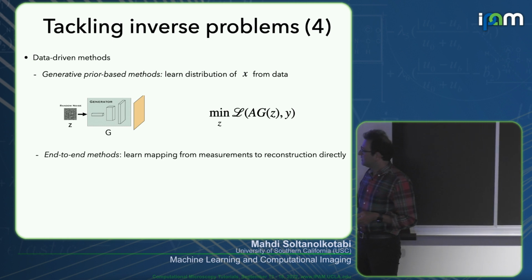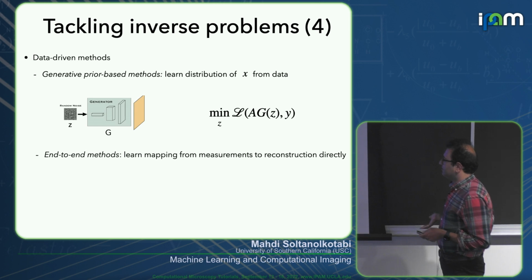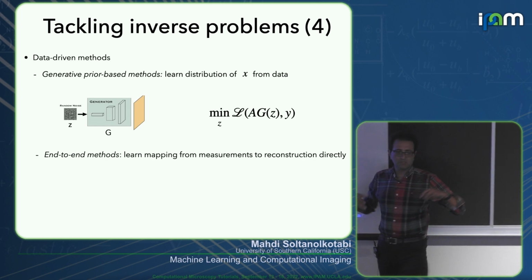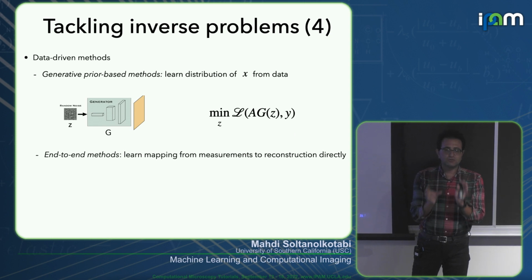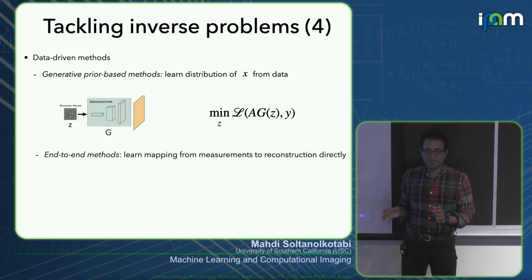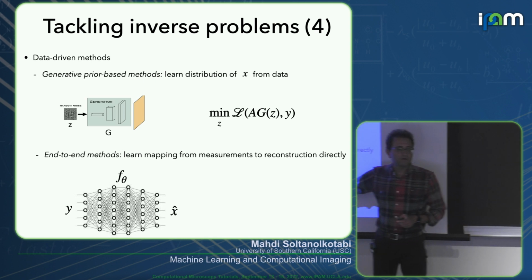A second class of techniques is a completely end-to-end method, right? In these end-to-end methods, you have a bunch of training data, which consists of the things you're trying to image, or your signals, and the corresponding measurements. And you try to directly go from the measurements to the signal, right?